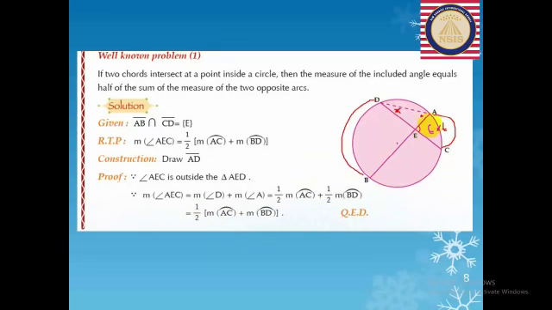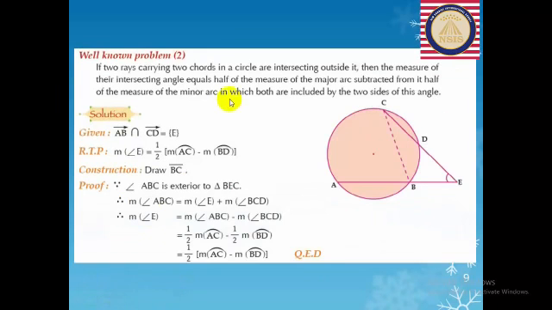Okay? So take care of this, so important. We're going to use it so much in the coming problems. Okay? Let's see the other well-known problem. Here, if the two rays carrying two chords in a circle, look here, the needed angle here is outside the circle.